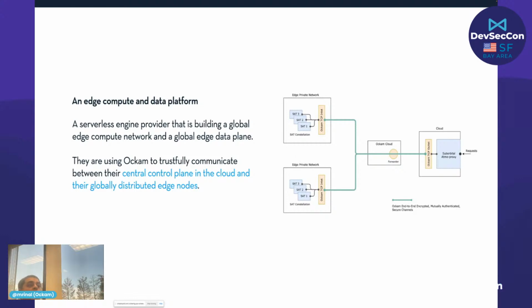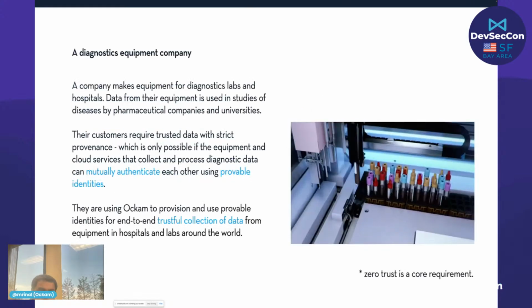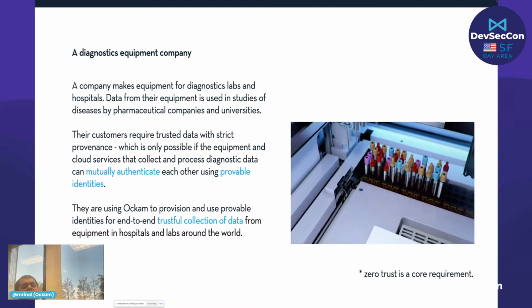So they're using Occam to trustfully communicate between this central control plane in the cloud and their globally distributed edge network.